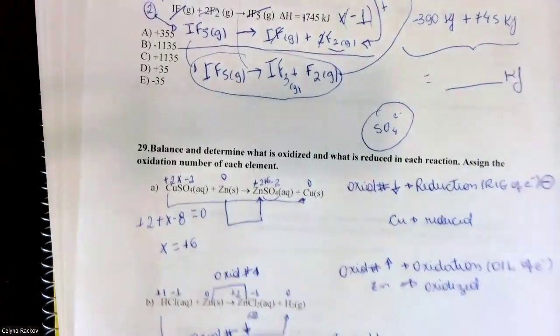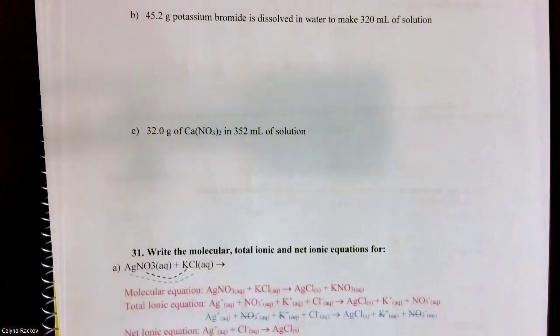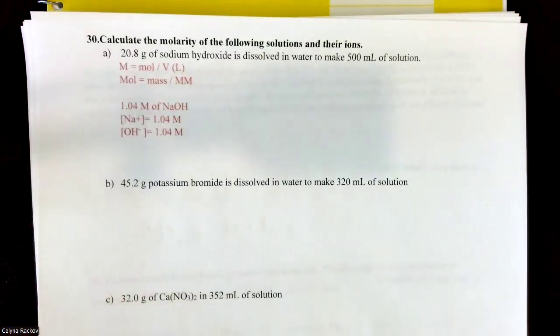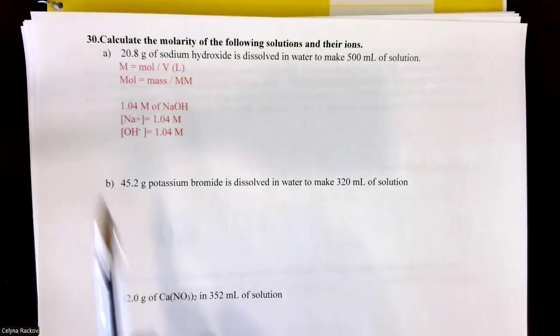Okay, now let's go to question 30 here. Question 30 is about chapter 4, like question 29 was also about chapter 4. So calculate the molarity of the following solutions and their ions, right?